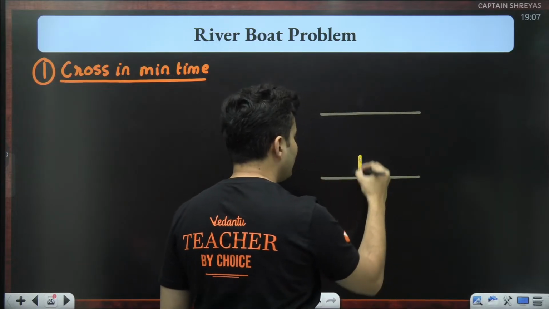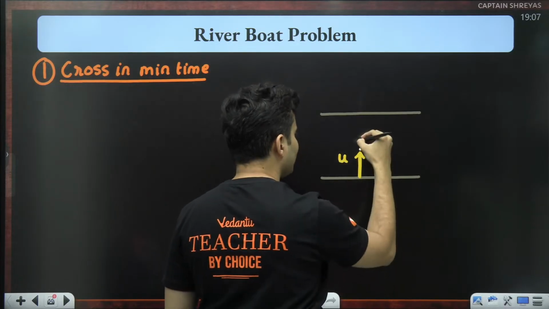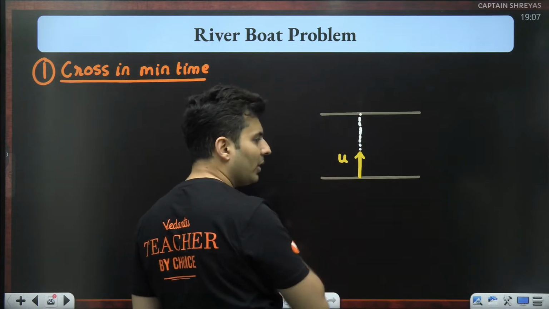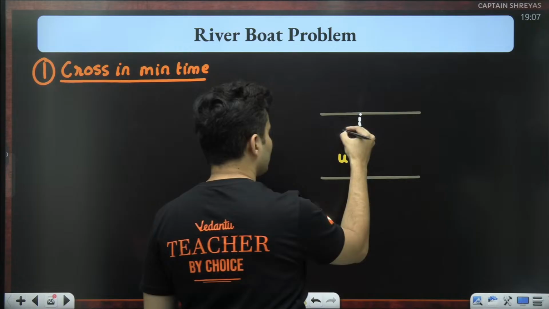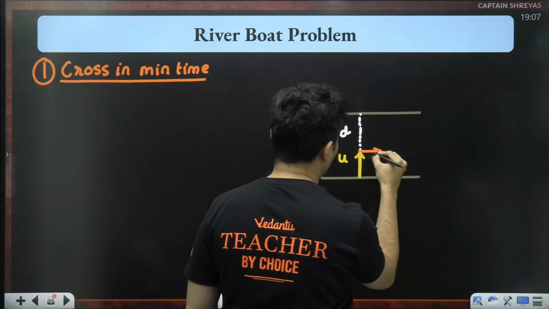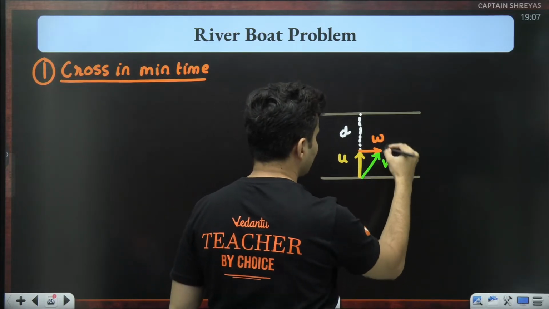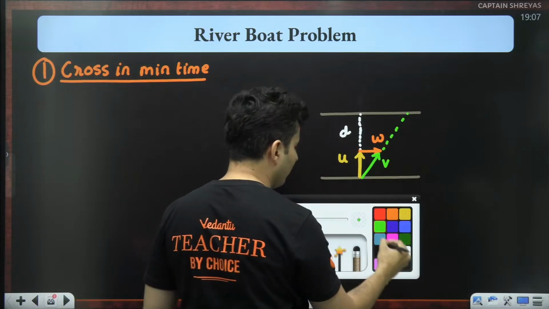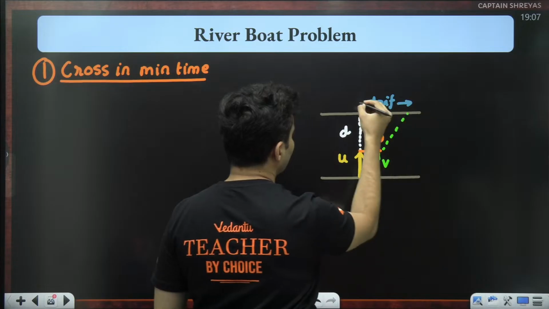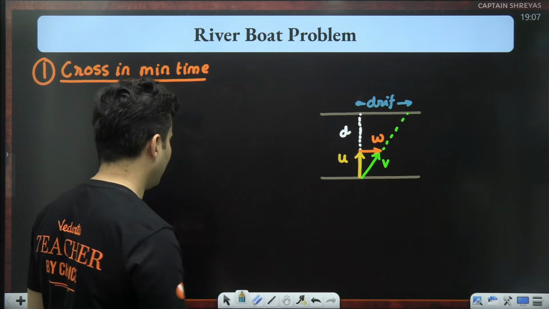So you will be directing yourself like this because you want to cross the river. You don't want to waste any component in the horizontal direction. Yes, the river might try to bring you like this and you will encounter some drift. There is no issue at all, but you will cross it in the least possible time.